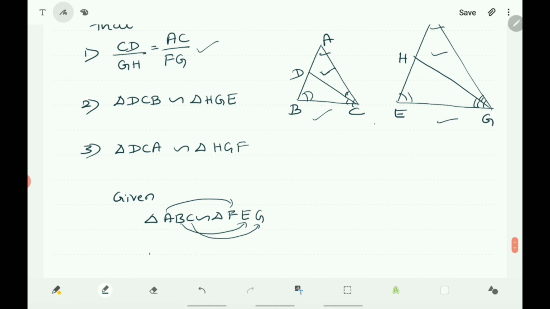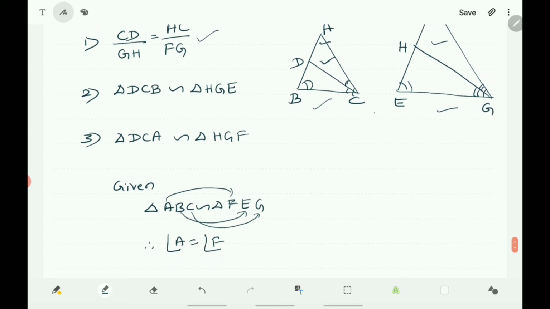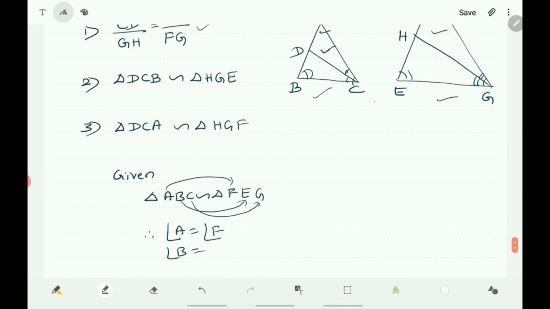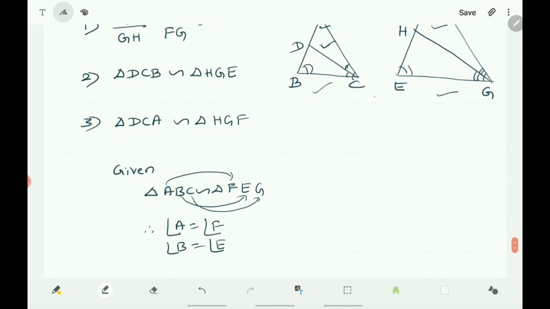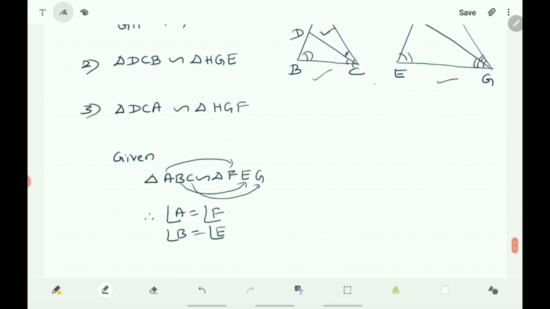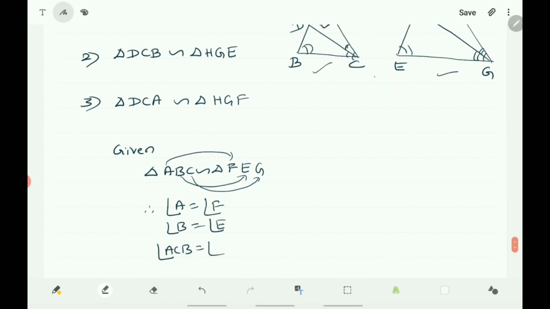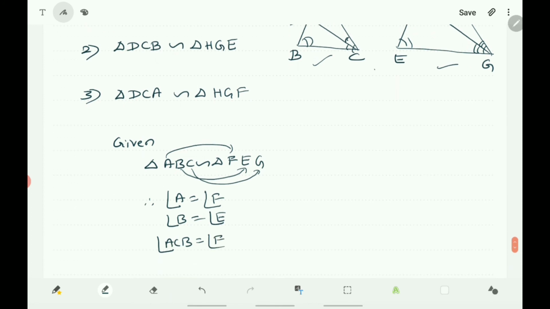Therefore, you write angle A is equals to angle F, angle B is equals to angle E, and also angle ACB is equals to angle FGE. What is the reason you are going to give?